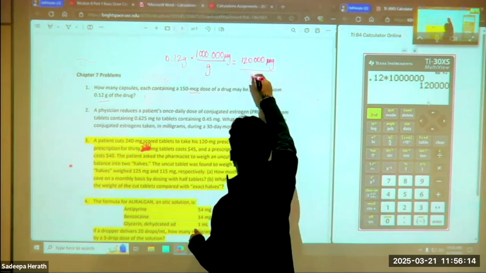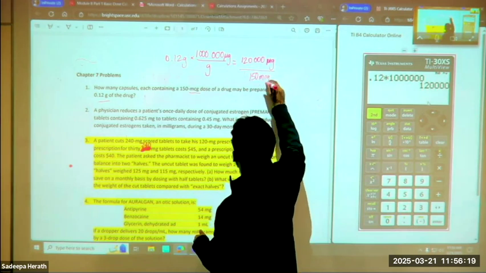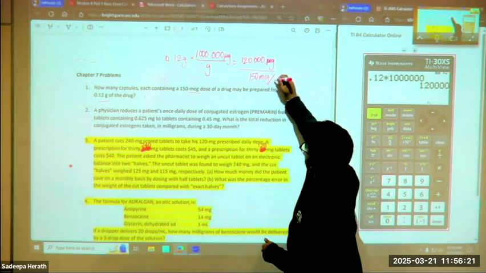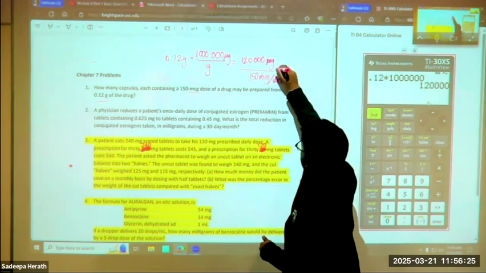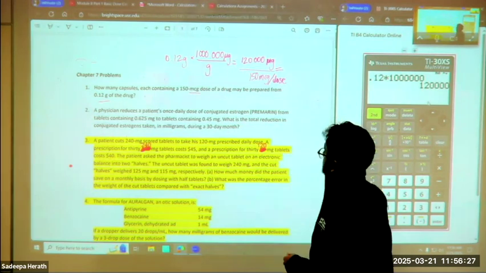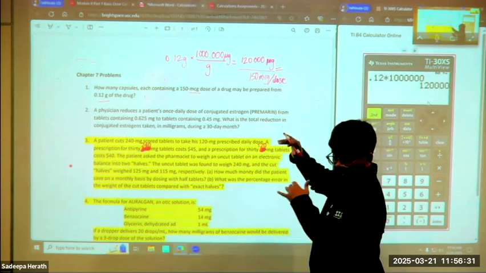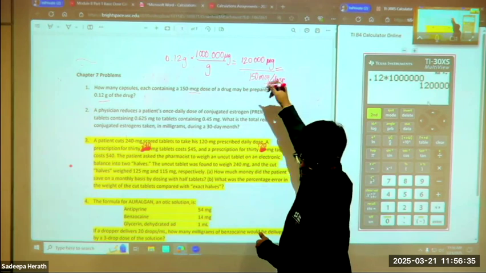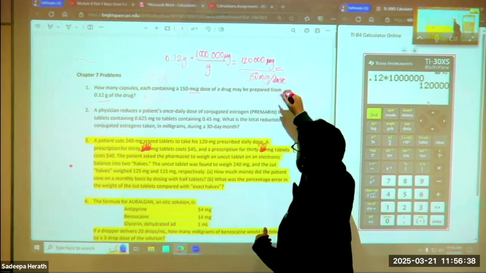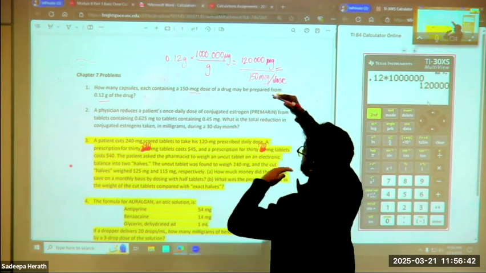Divide by 150 micrograms per dose. If you want to be really technical and write it out, that's fine. So dividing this number with a division in itself. So dividing by another number that's also being divided, right, unit-wise, so that microgram per dose, when you're dividing that, it flips.